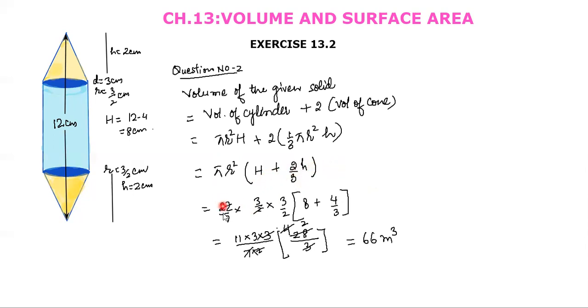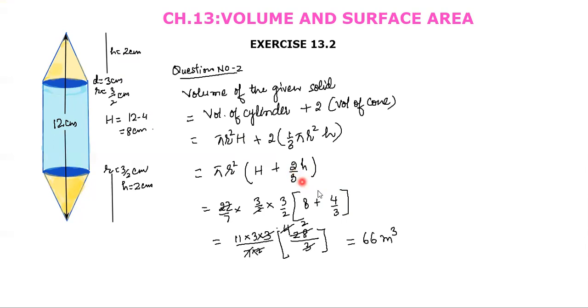Now children, put the values here. Pi is 22 by 7, r is given 3 by 2, so put 3 by 2, again 3 by 2 as r square is there. The height of the cylindrical portion is 8, and the height of the conical parts attached is 2. So 2 is the height, h is equal to 2.